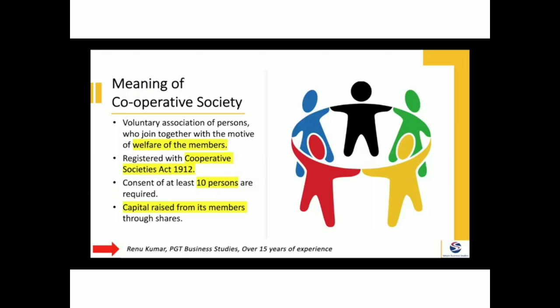Due to industrial revolution, the society was divided into capitalist and labor class. So cooperative movement was started, which was the outcome of economic and social imbalance that was created because of industrial revolution.